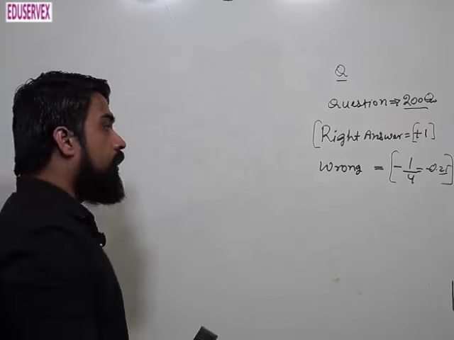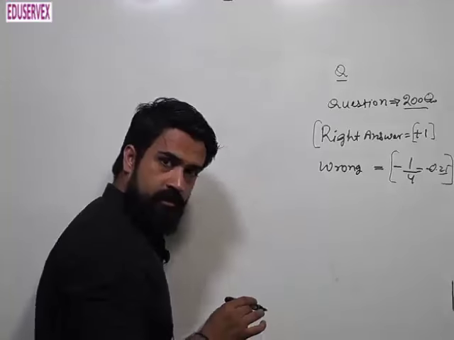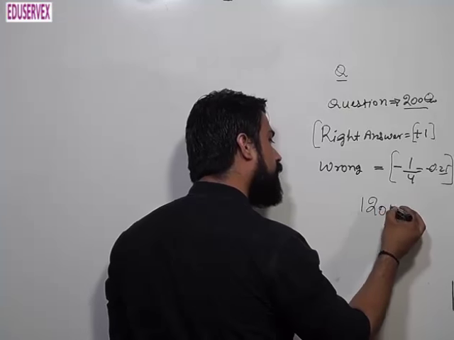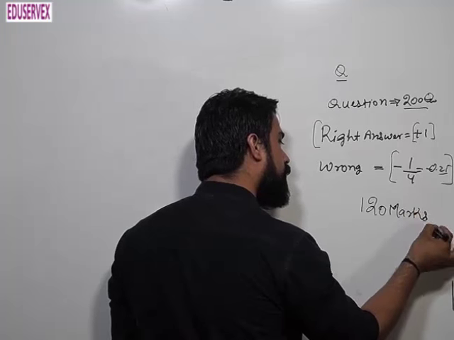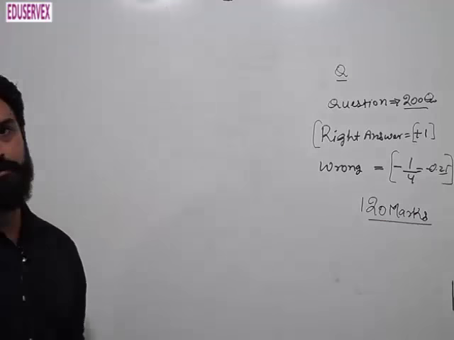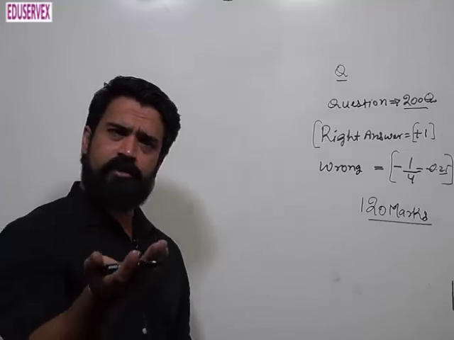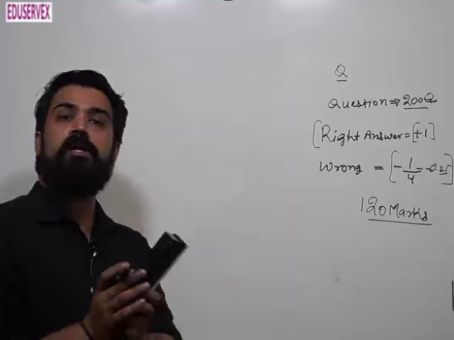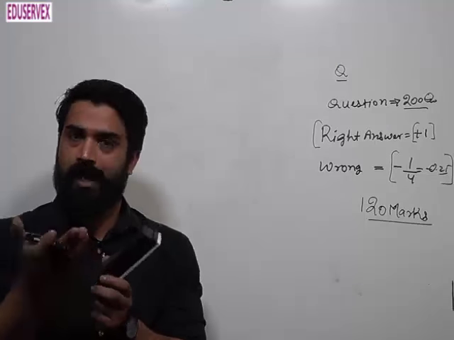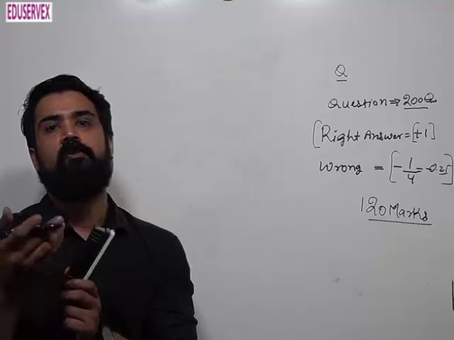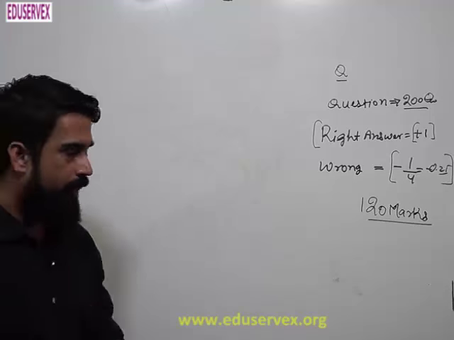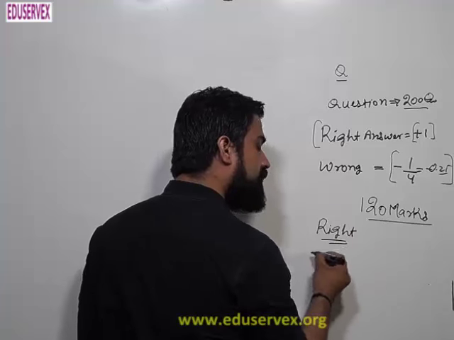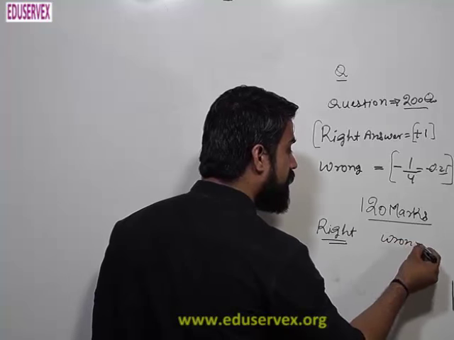Now, he attempted all the questions and he scored 120 marks. We are curious to know how many of the questions he answered were right and how many were wrong. We have to find the number of right answers and the number of wrong answers.